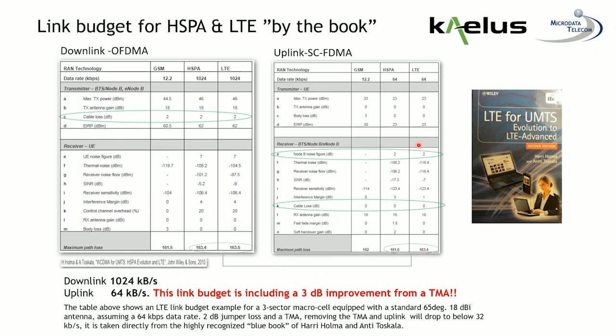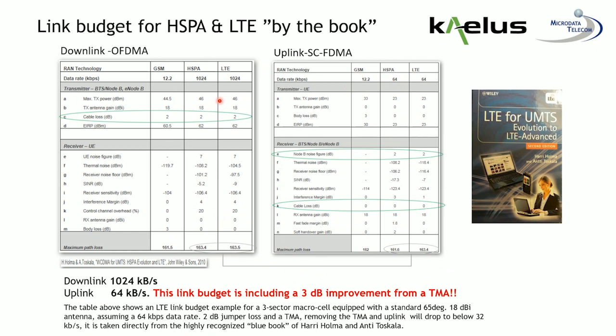If we would switch off the TMA, we will lose about 3 dB, which means that LTE would support 32 kilobits. HSPA, that is already 2 dB short, will go down to roughly 16 kilobits, where the downlink still provides 1 meg. So that is what we mean with the revenue generating area is significantly smaller.